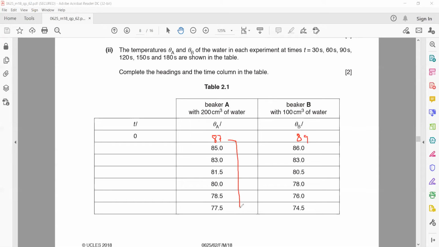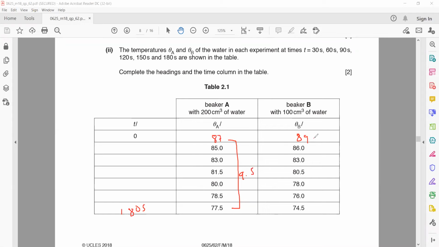What is the difference in the temperature in 3 minutes for beaker A? That's 87 minus 77.5, so 9.5.